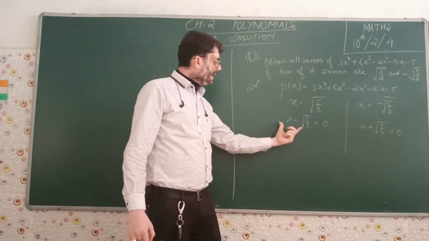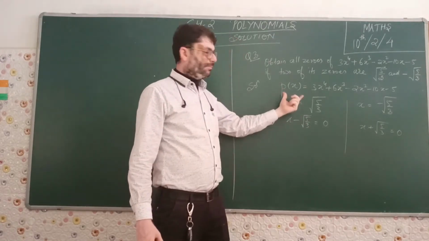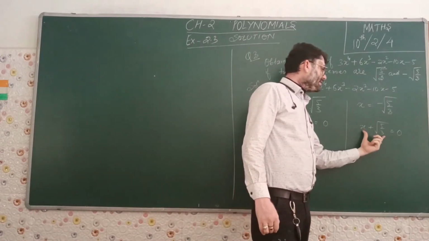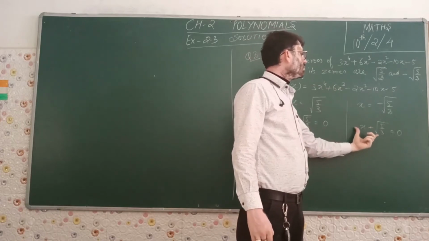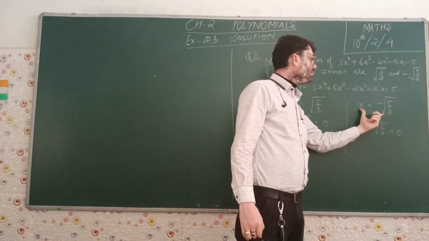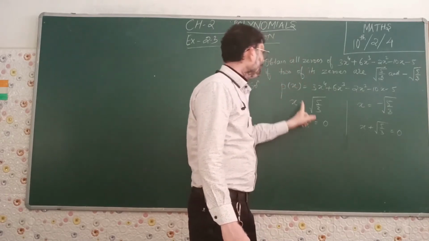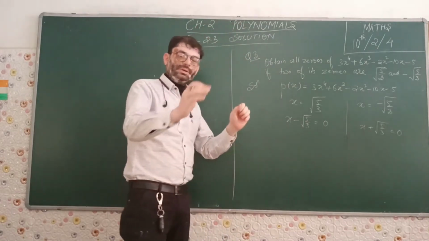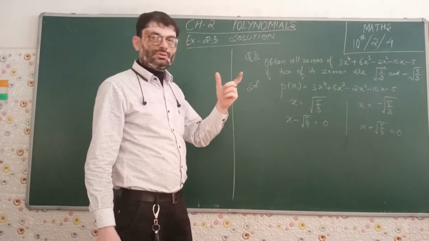So we can say that x - √(5/3) is a factor of p(x), because this was a zero of the polynomial, and we can also say that x + √(5/3) is a factor of p(x), because this has also been taken from the equation of the zero of the polynomial. If this is a factor of p(x) and this is also a factor of p(x), that means the combination will also be a factor, that is the product of the two factors.